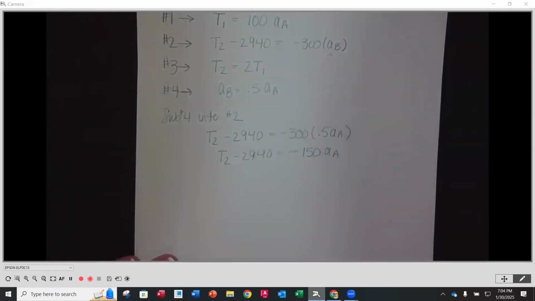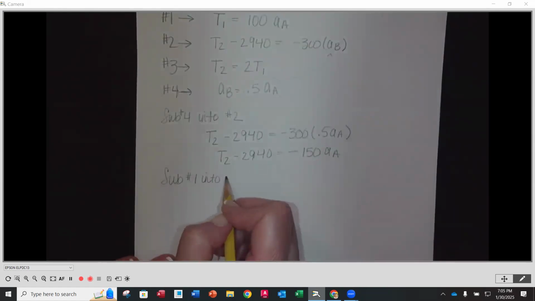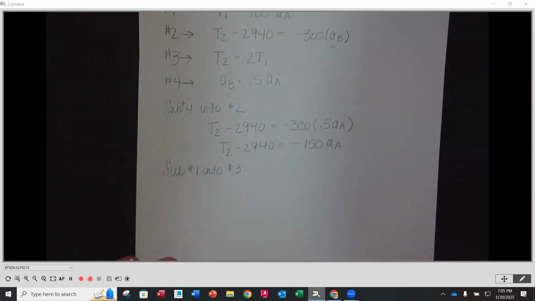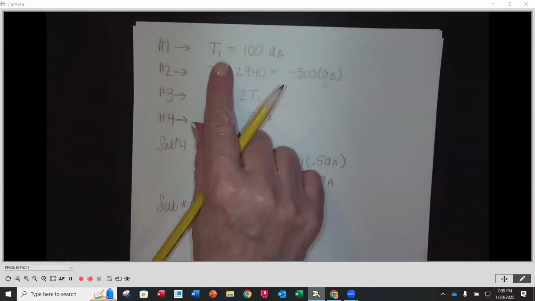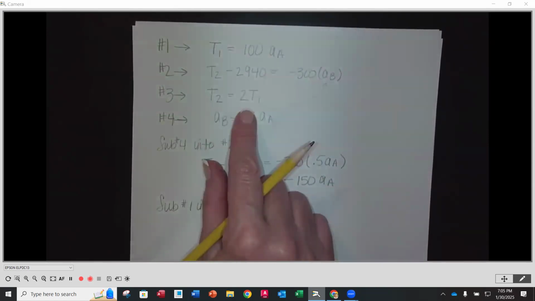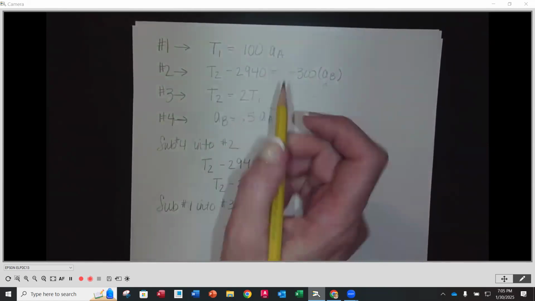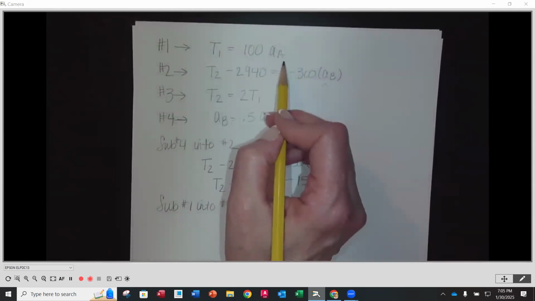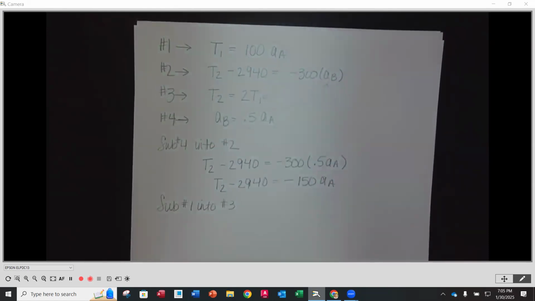Didn't get much further, but I'm going to substitute number 1 into number 3. Looking at number 1, I've got T1 is equal to 100 acceleration of A. I'm going to take my 100 acceleration of A and put it in for T1.